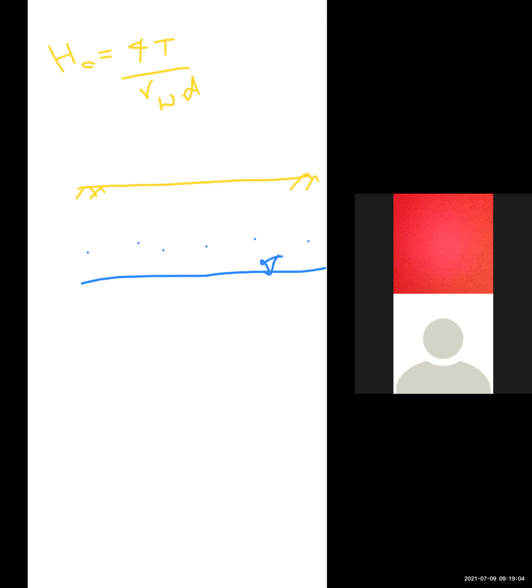In this zone also, water is available due to capillarity, and here is the root zone.